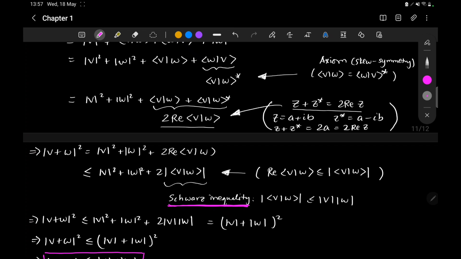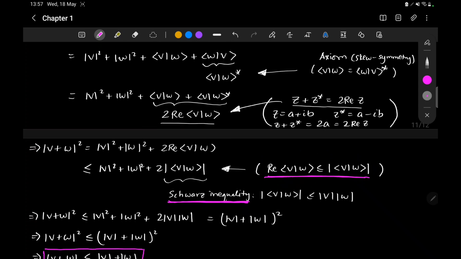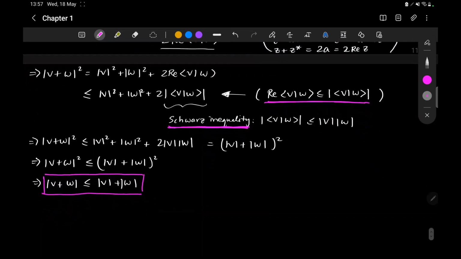So this is the Schwarz inequality which we will prove in another video, but this was an identity that we were given in the question, and we used this identity to basically derive or prove the triangle inequality. So now we will try to see this identity, this inequality, and try to prove this inequality.